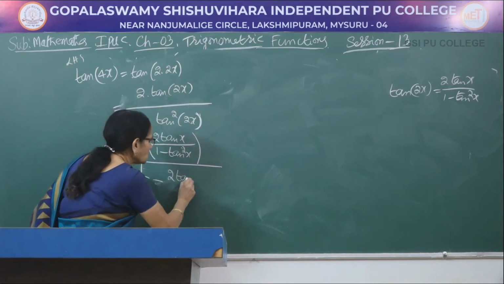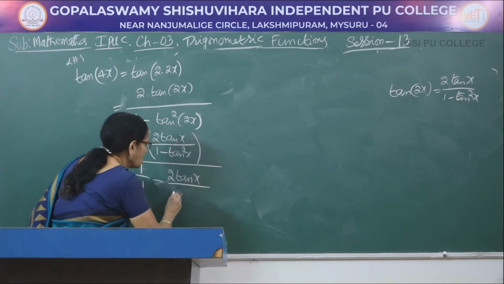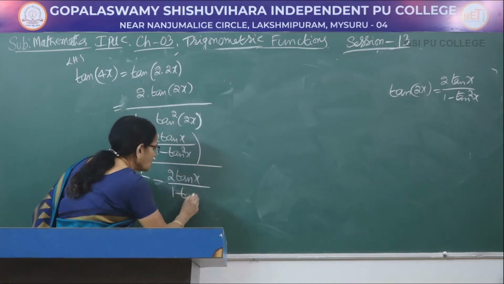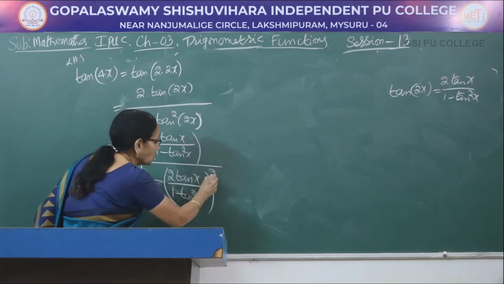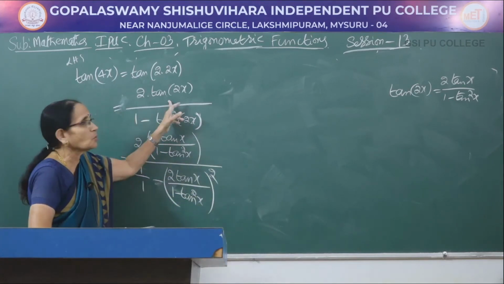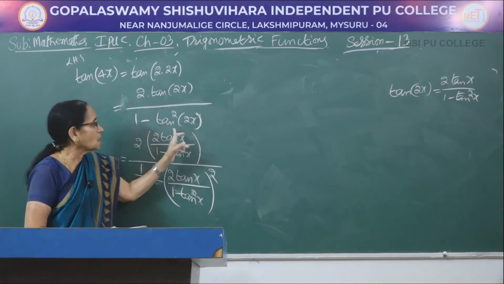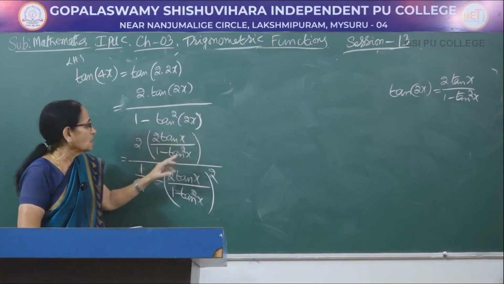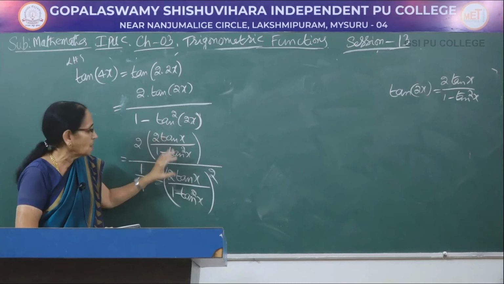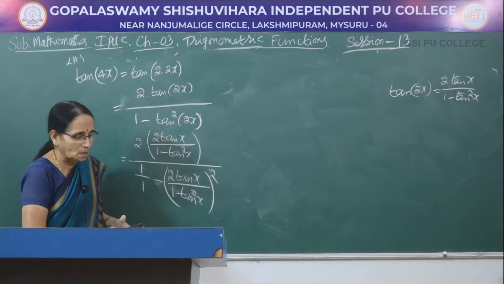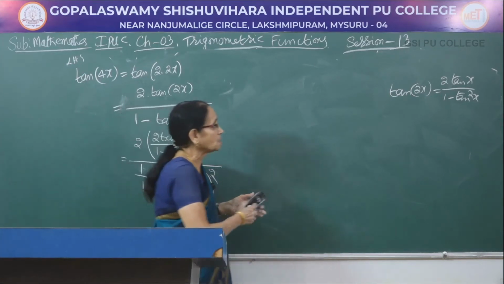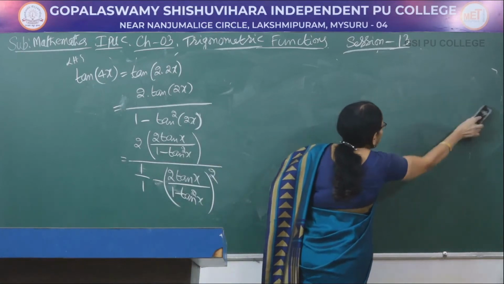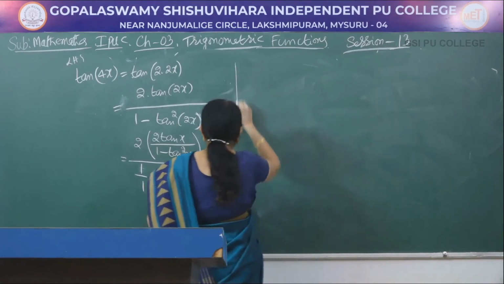So it is 2 tan x divided by 1 minus tan square x, the whole square. In the numerator we had only tan of 2x, and in the denominator tan square of 2x, so the denominator now has to be squared, and the numerator you write as it is.